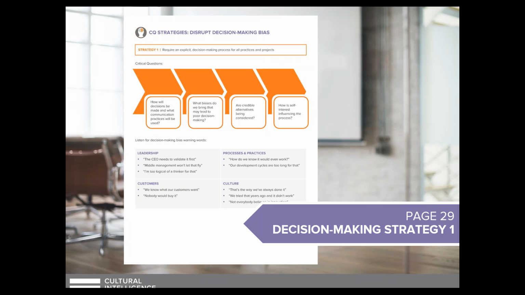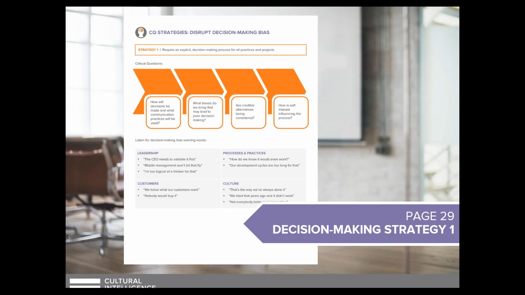This is one example that you'll see here on the screen when we talk about decision-making when it comes to working on projects. And what is that process? What does that look like? What are some critical questions that you need to ask? And how does bias show up when we think about different individuals or different processes and practices within the organization? So does it happen at the leadership level?